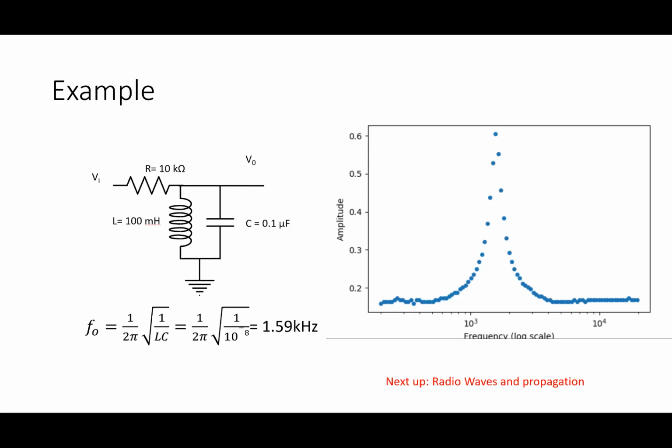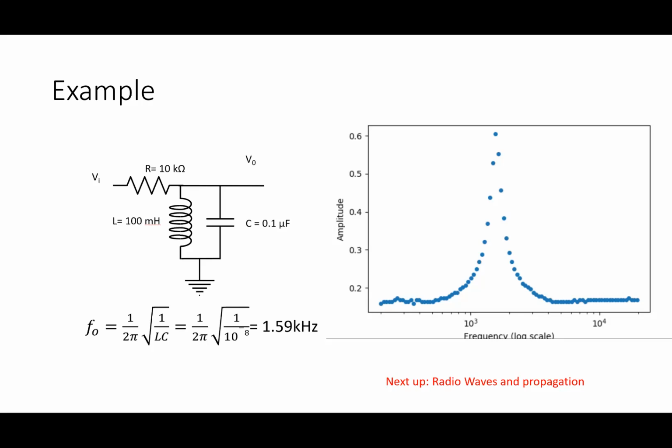And you'll see that just above 10 cubed, there is a very sharp peak in output voltage, and it's close to 0 everywhere else. The formula we just had, that the resonant frequency is 1 over 2 pi times 1 over the square root of LC, is 1 over 2 pi times 1 over 10 to the minus 8, rather.